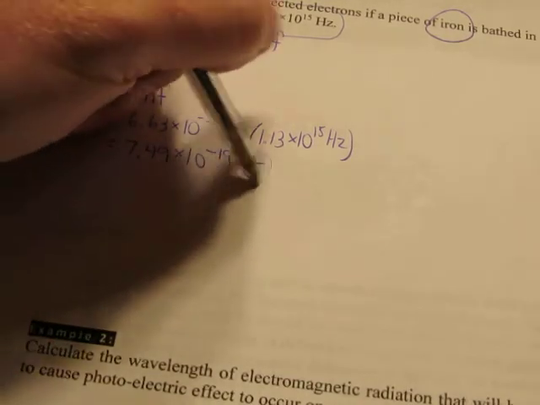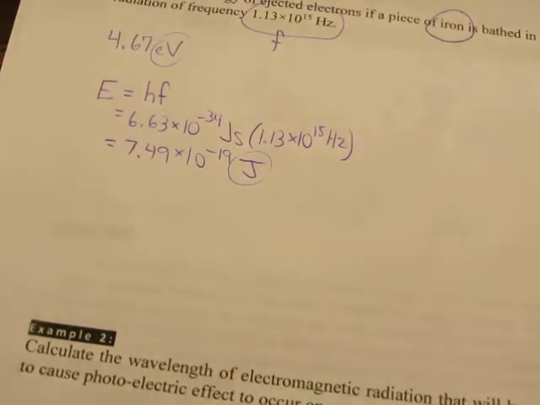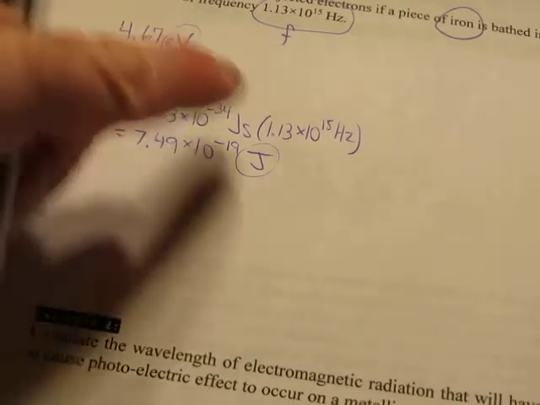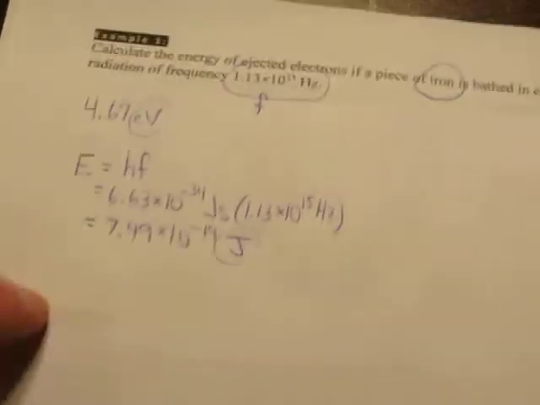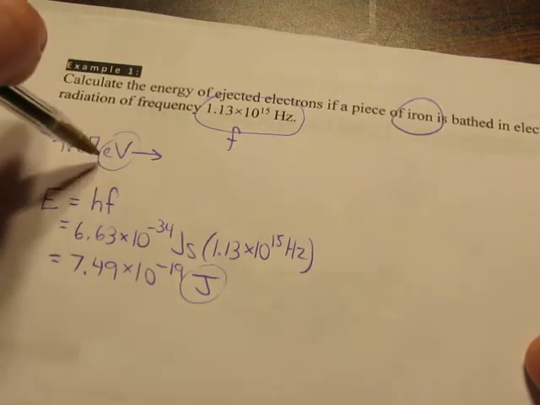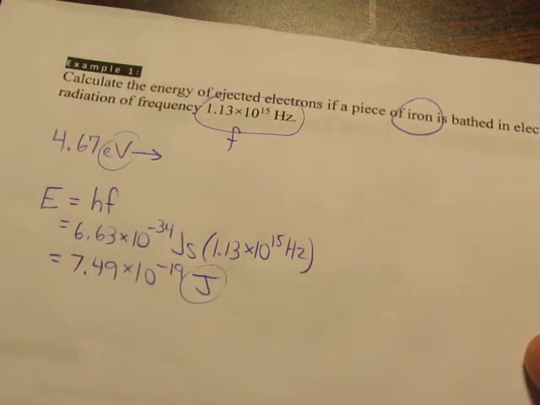This is electron volts, this is joules. I mean, really, we're just going to take that off of this, but the units don't match. So what you have to do in the beginning, going back, is remember to convert electron volts into joules. The conversion factor is on the front of this page. 4.67 multiplied by 1.6 times 10 to the negative 19.